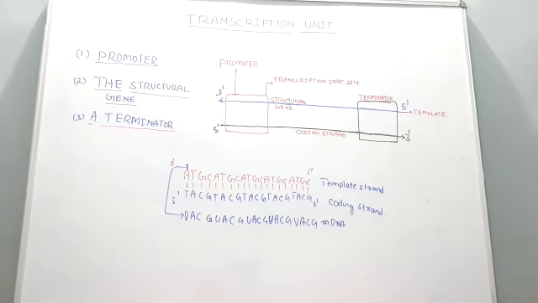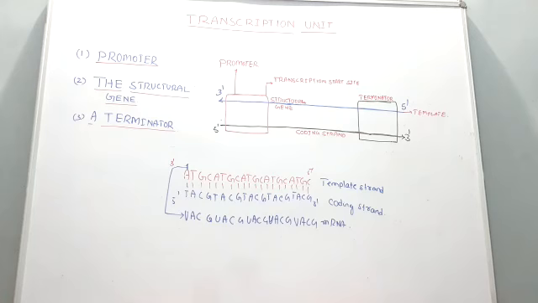Then how can you predict the messenger RNA? What will be the sequence in the messenger RNA? The messenger RNA will have the same sequence as that of the coding strand, as I have given the direction. A pairs with U, T pairs with A, G pairs with C, C pairs with G. Wherever T is there, it is replaced by U during transcription.